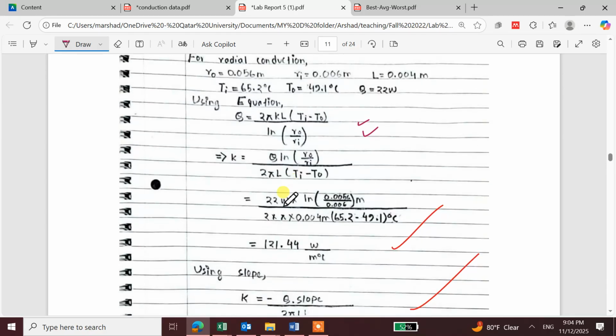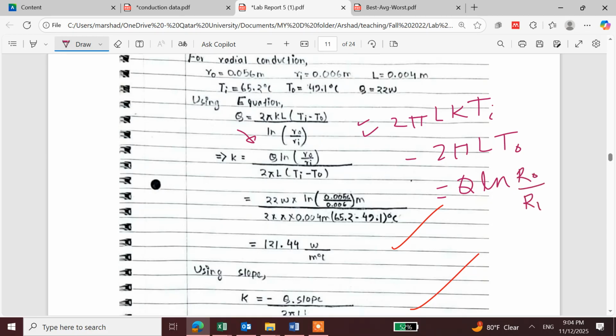So in this equation, if you see, 2 pi LK, and then we have Ti minus 2 pi LK T naught equal, so this Q we can combine, so Q ln R naught over ln Ri.